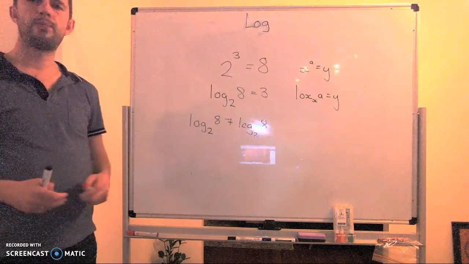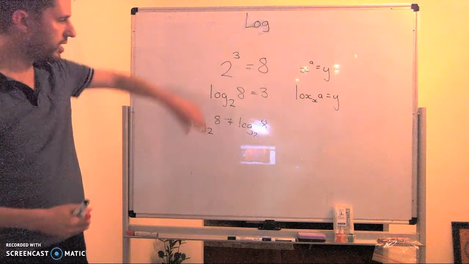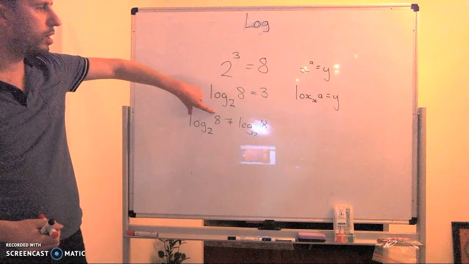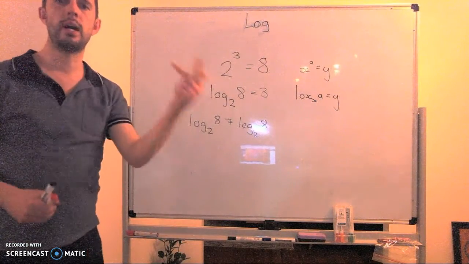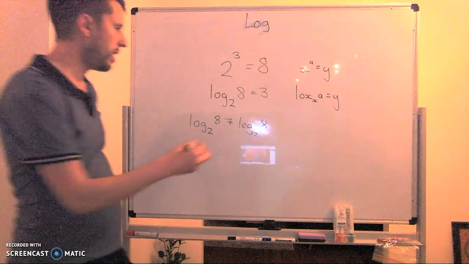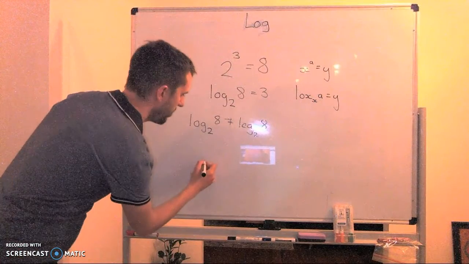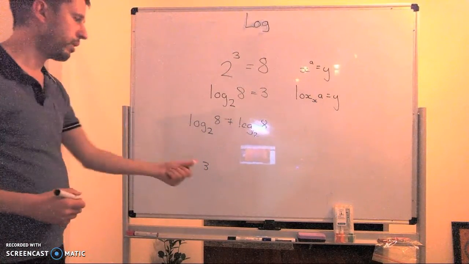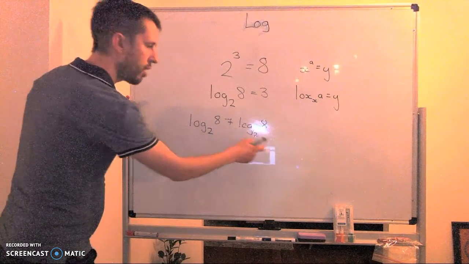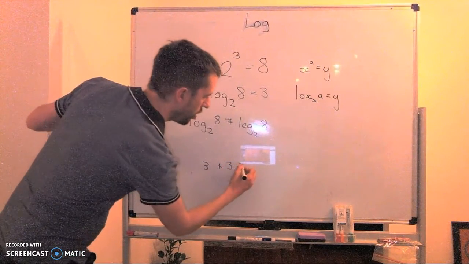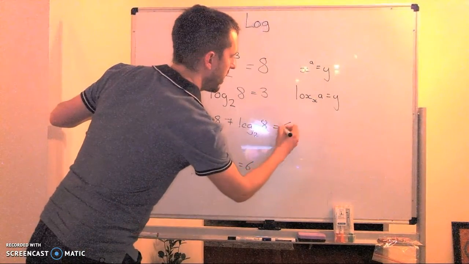Now, I really want to break this down, because here we know the exponent is 3, because 2 times 2 times 2 equals 8. So I know I'm going to get 3 as an exponent. Then I'm saying I've got another 3 exponents, so I've got a total of 6 exponents.